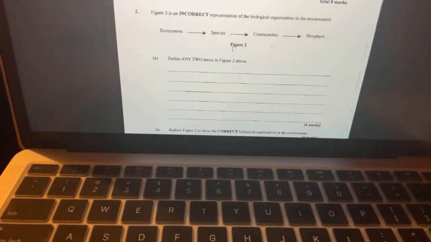That is species. All right, next we have community or communities. A community is a group of interacting organisms that may be of the same species or not, sharing a common habitat. And then next we have the biosphere, and that's the region of the Earth's surface that is occupied by living organisms. That is the biosphere.